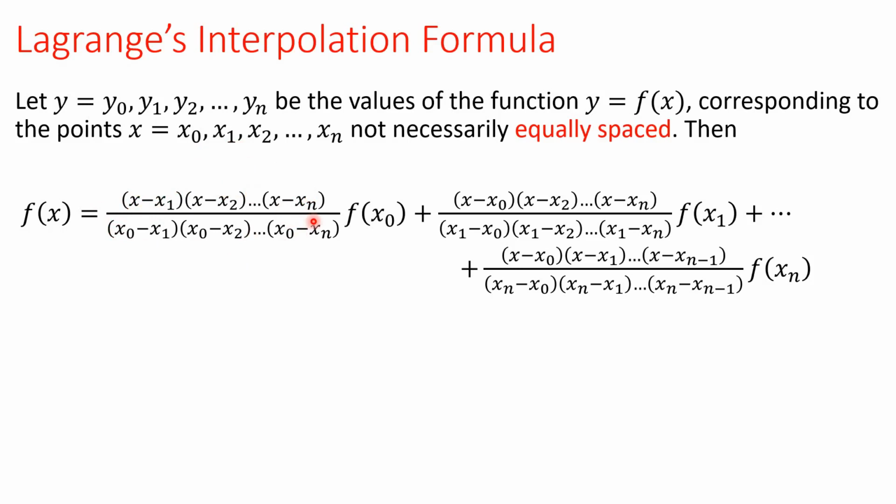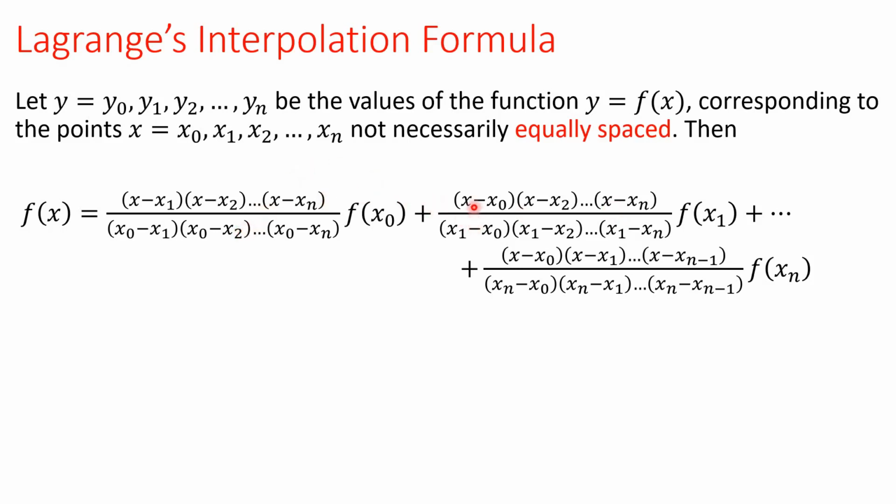So what happens here, when you put x is equal to x0, this whole thing becomes 1. Here f of x0 means the output that we want. Plus, now you can see when you put x is equal to x0, all other terms will vanish because all these terms are also designed in the same fashion.